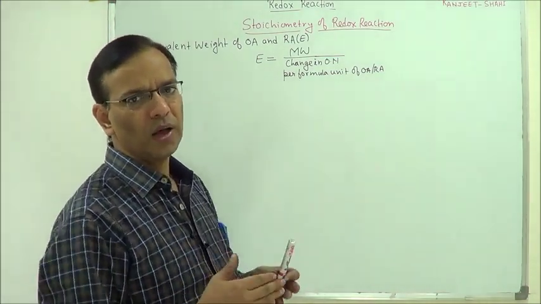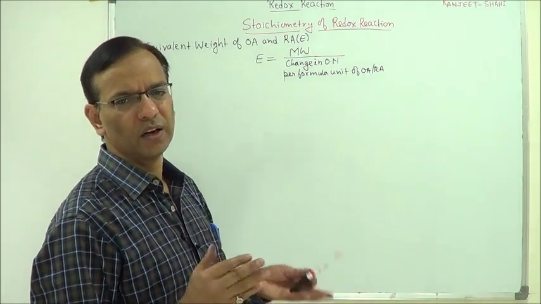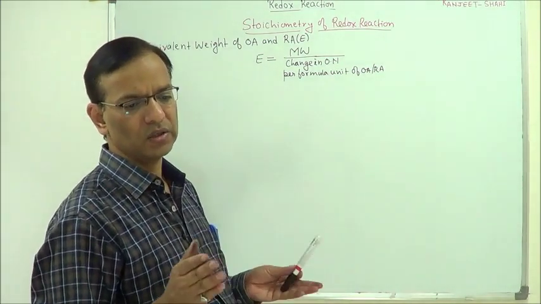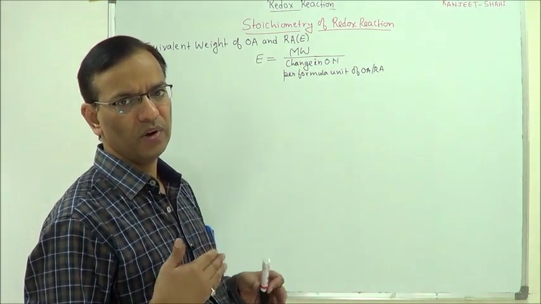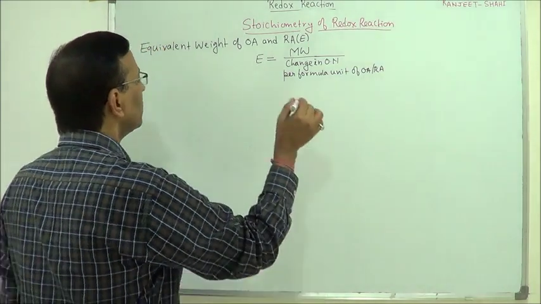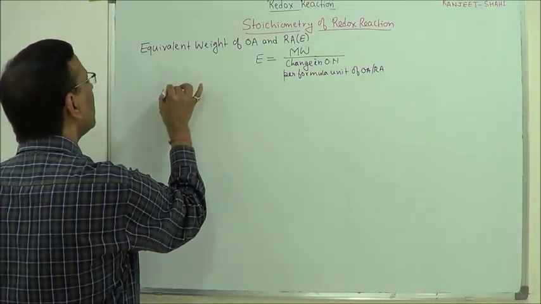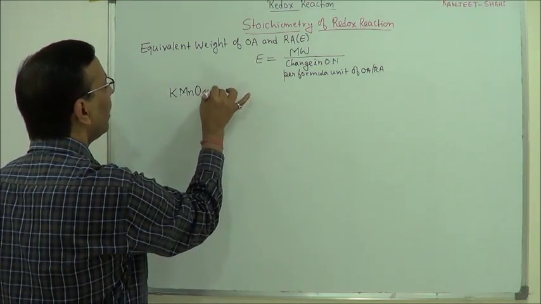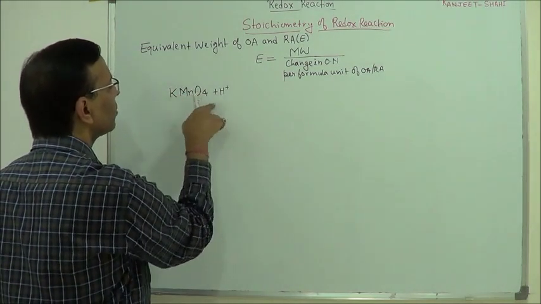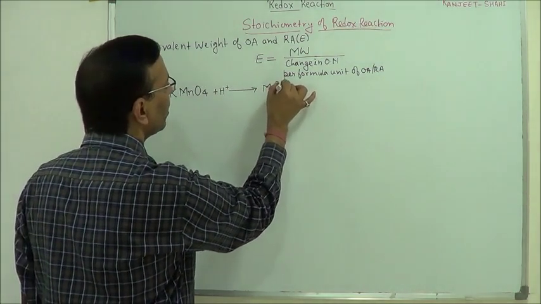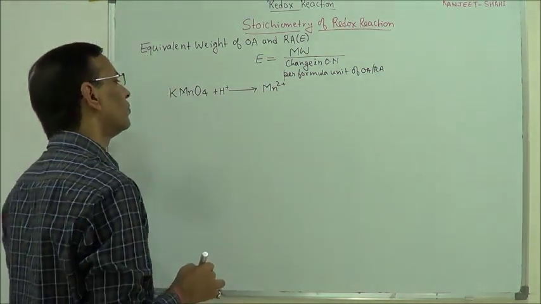Let us apply this formula to some of the oxidizing and reducing agents to understand this better. If we use potassium permanganate in acidic medium as an oxidizing agent, manganese is always converted to Mn+2.